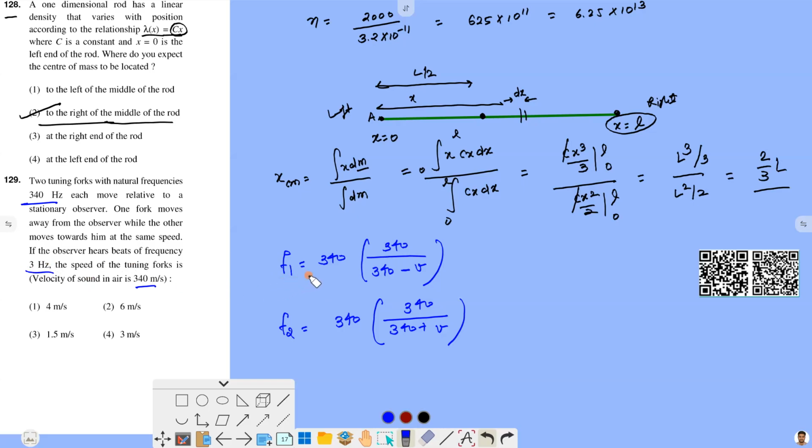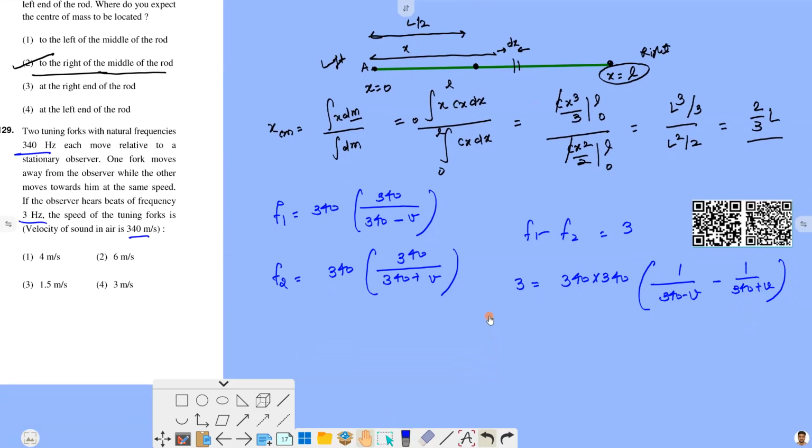So beat frequency will be f1 minus f2. So f1 minus f2 is equal to 3. So we will get 3 is equal to, if we take 340 and 340 common from both of these, 340 into 340, and here we will have 1 by (340 minus v) minus 1 by (340 plus v).